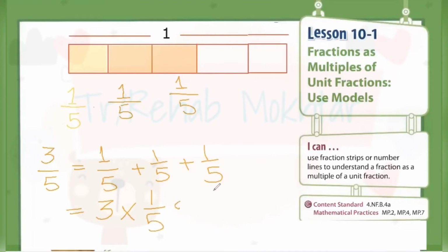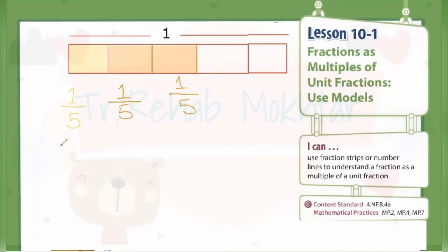So I can write 3 out of 5 as a multiple of unit fraction. I will multiply 3, the numerator, times the unit fraction 1 out of the same denominator, 5. Let's take another example.